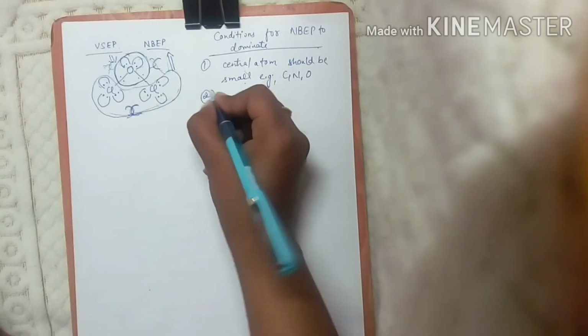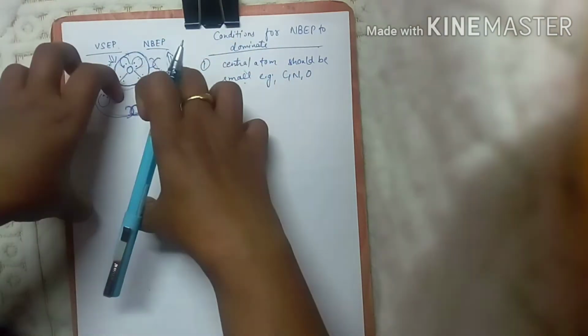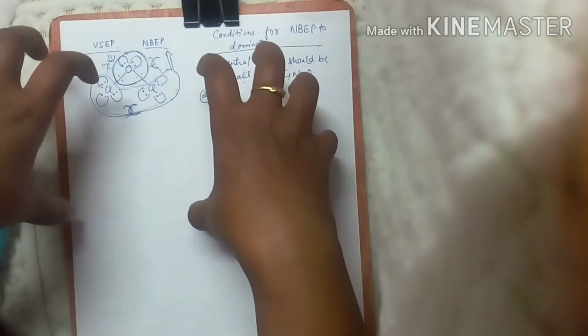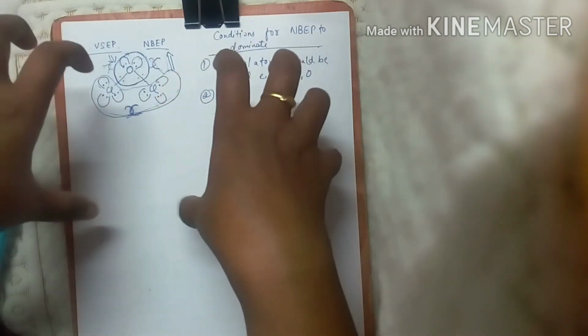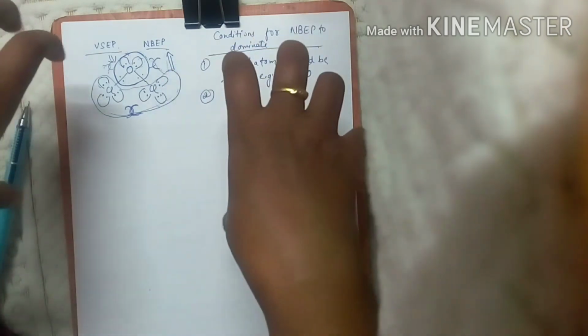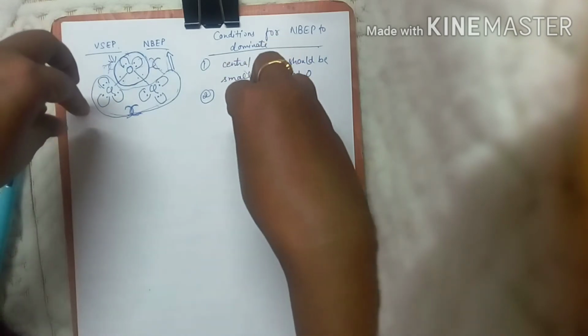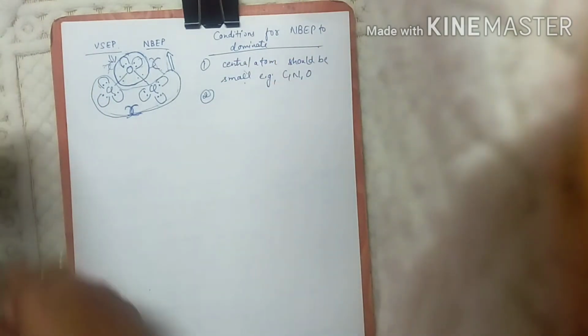Okay, second condition is that side atoms should be large. If the side atoms are large, they will be closer to each other. See, if chlorine is bigger, then their electron pairs will be comparatively closer to each other and will repel each other. If these side atoms are by chance small, then they will be comparatively apart from each other, not being able to show that much repulsion.